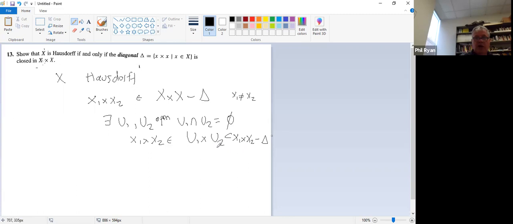So y cross y would be in u1 cross u2, and this would contradict the fact that the sets are disjoint. So any element of the complement can be put inside an open set. So therefore, x cross x minus the diagonal is open. So that means the diagonal is closed.